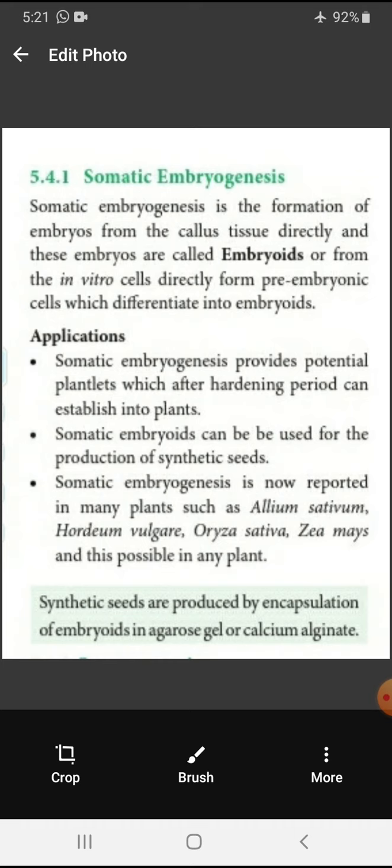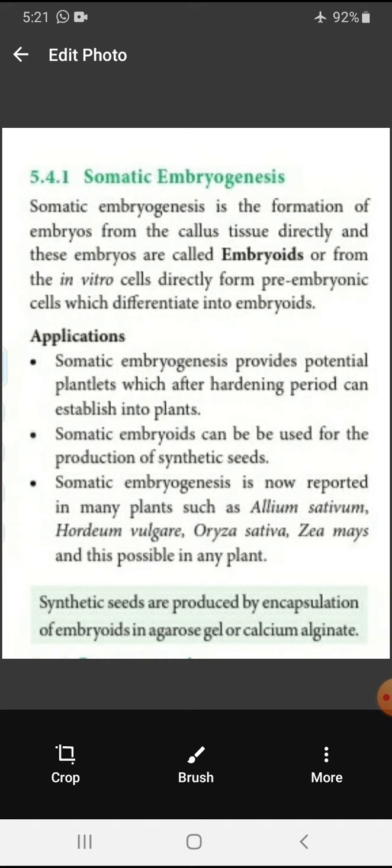So somatic embryogenesis is the formation of embryos from the callus tissue directly, and these embryos are called embryoids, or from in vitro cells, directly from pre-embryonic cells which differentiate into embryoids. This is called somatic embryogenesis.